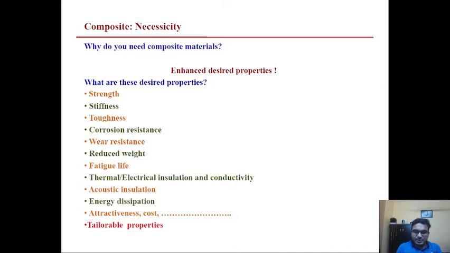As listed here: strength, stiffness, toughness, corrosion resistance, wear resistance, reduced weight, improved fatigue life, thermal/electrical insulation and conductivity, acoustic insulation, energy dissipation, attractiveness, cost, and tailorable properties. So we can change the properties using composites as we desire.